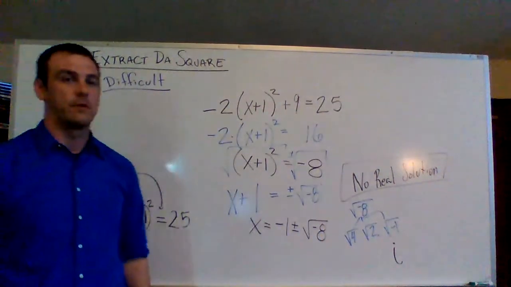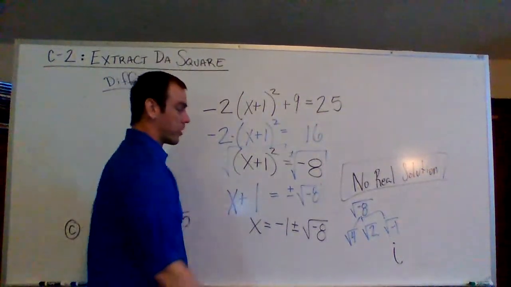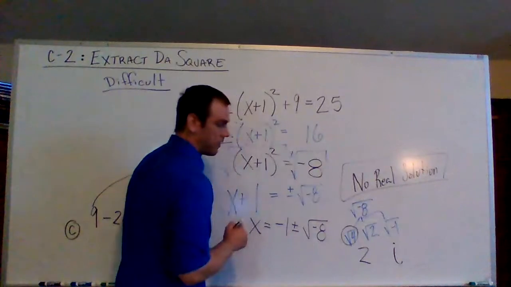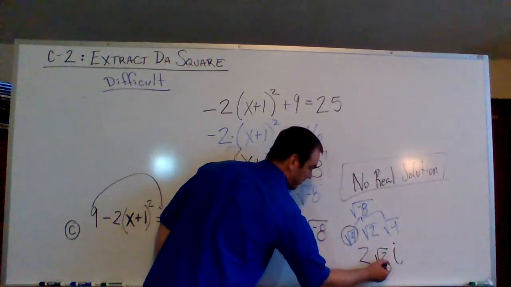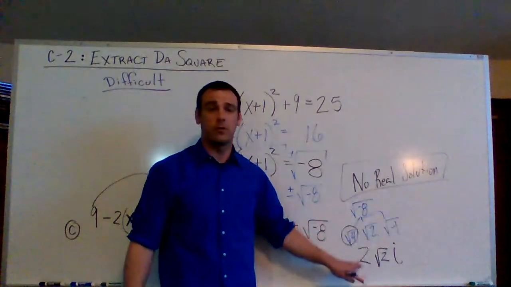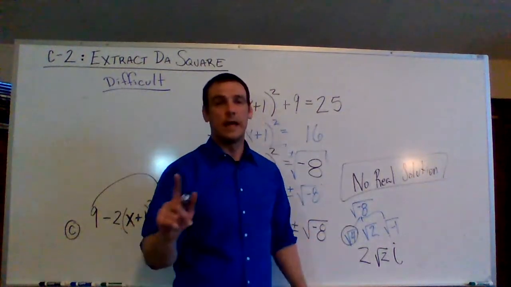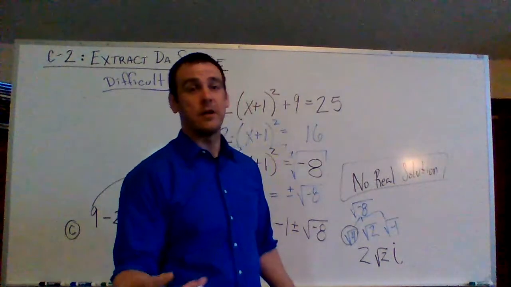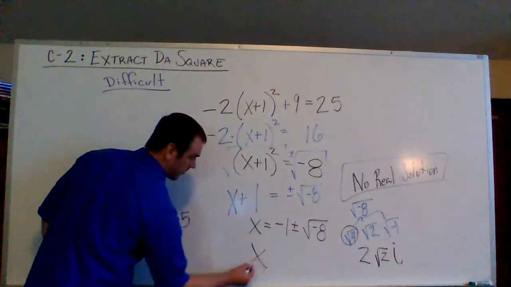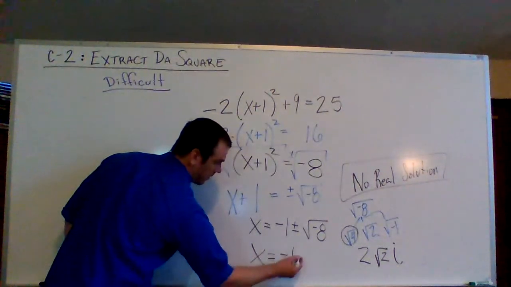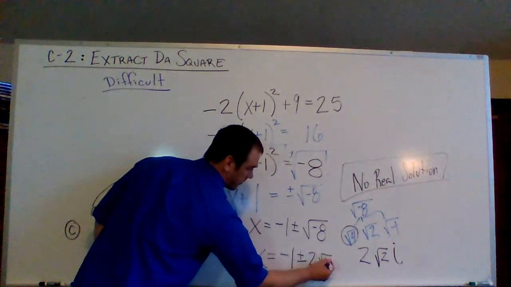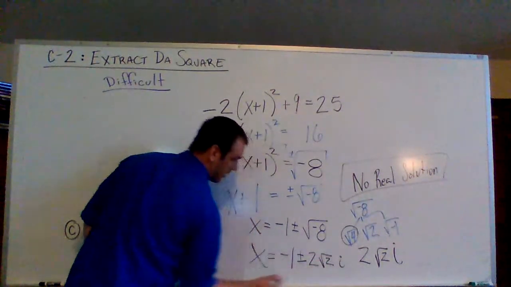So square root of -1 turns into i. Square root of 2 does not reduce, but 4 does. 4 turns into a 2. Square root of 2 just gets carried down. Okay? So the square root of -8 is really just 2 square roots of 2, i. Okay, that's not your answer because there was that -1 out front. Our final answer would then be x equals -1 plus or minus 2 square roots of 2, i.